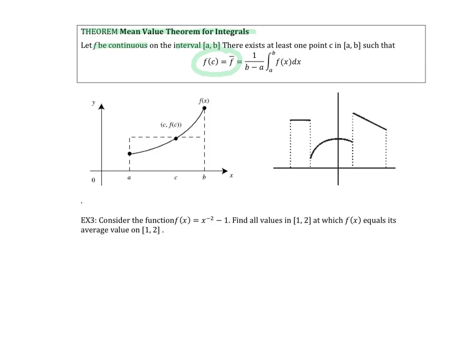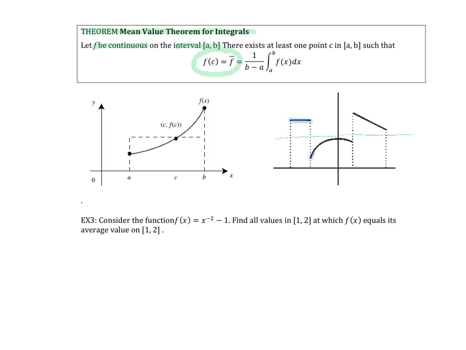Now if we look at this second graph where it's not continuous, and let's just say this would be the average value of the function, notice that that line does not pass through any of our curves.